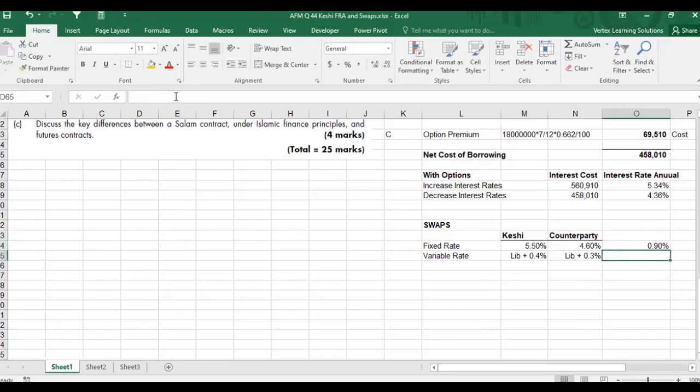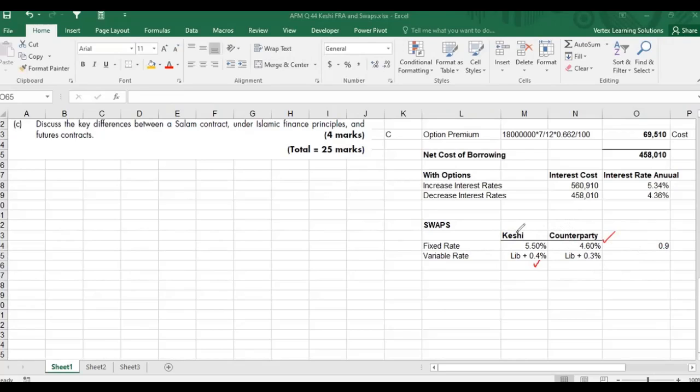It is 0.9, not in percentages, less than 1%. Now if this company takes this one, the other company has to take this one. The counterparty cannot take both of them. One loan must be taken by the counterparty, and one loan must be taken by the Keshi company.